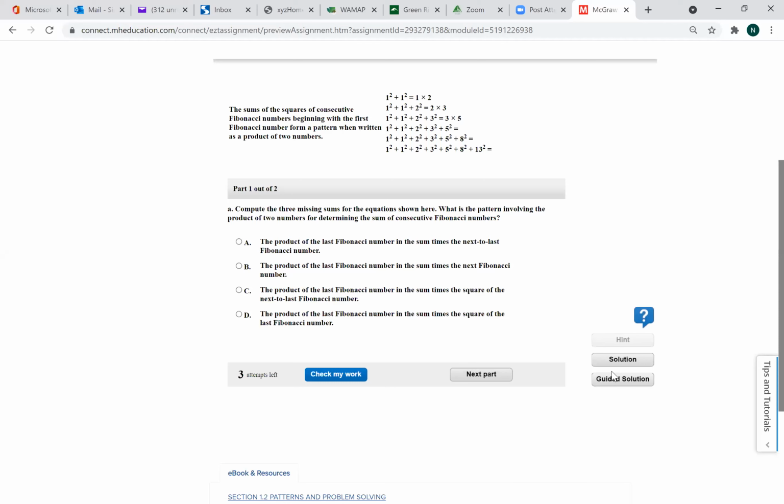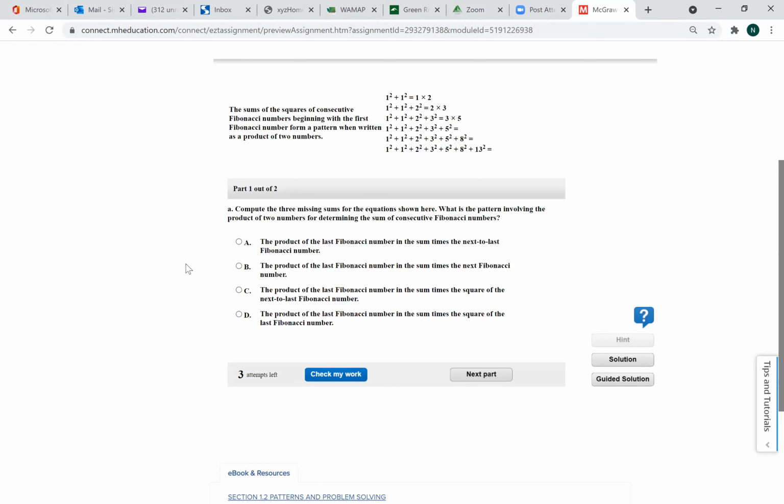And I'm not sure I agree with that. And then the second one, the product of the last Fibonacci number in the sum times the next Fibonacci number. And I believe that's what it is, because if you look at this one, that's 3 times 5, it's the last number in the sum times the next number that's going to show up in the Fibonacci sequence.